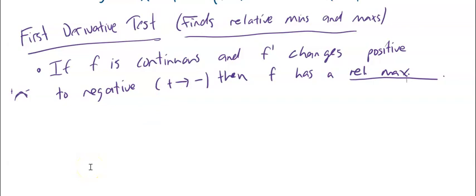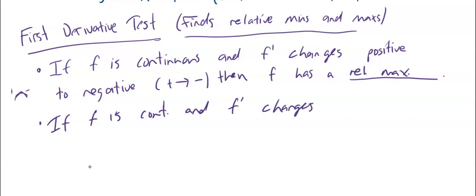Hopefully that makes some sense. What we've been doing so far has kind of been getting ready for that, and it might just make some sense. So there's a second half to the first derivative test, and it looks really similar. If f is continuous and f prime changes negative to positive, that would be going negative derivative to a positive derivative.